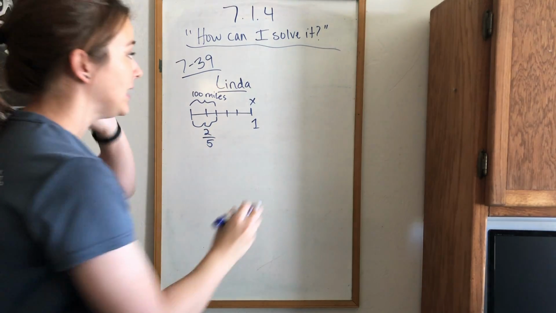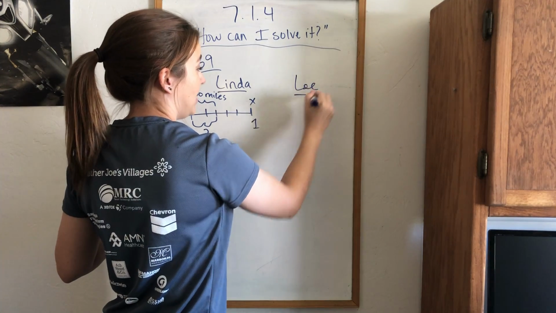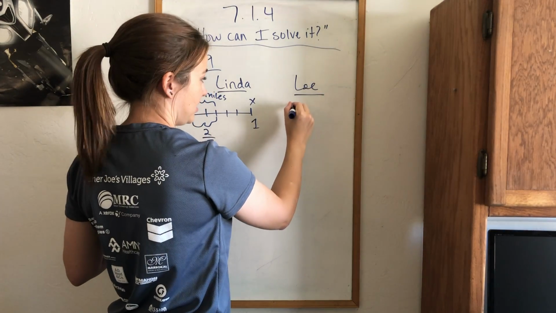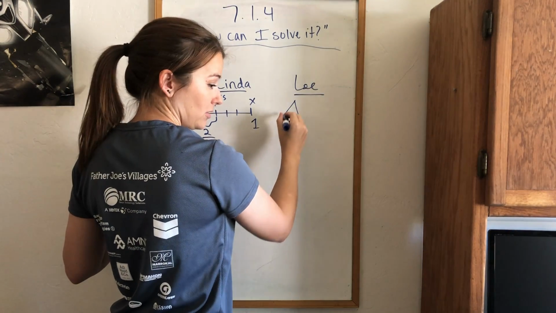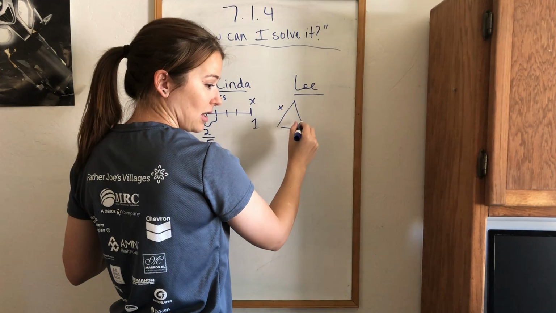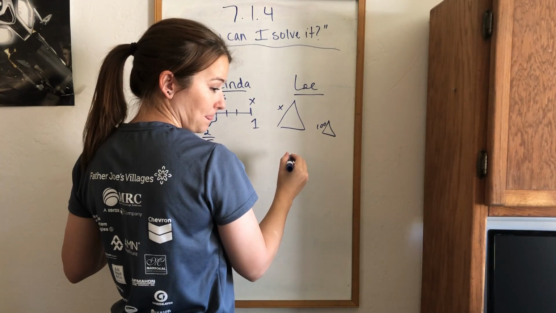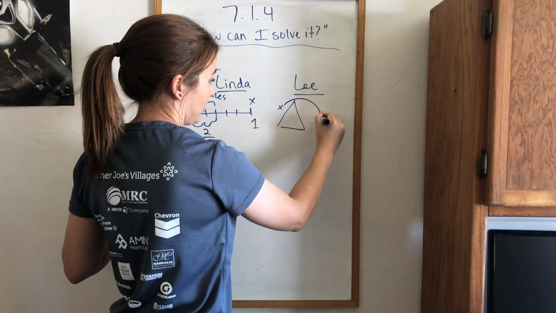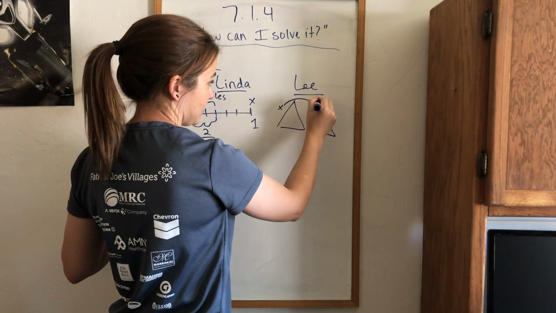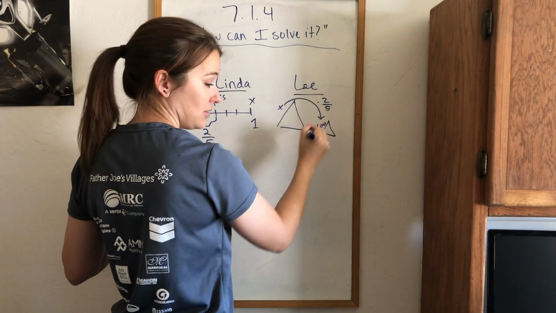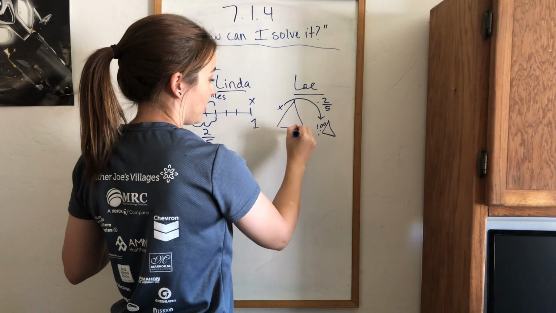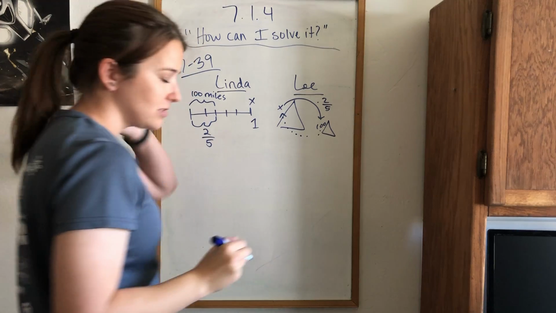And then Lee, her brother, has this going on. He's got a triangle with an X, and then he's got a little triangle with 100, and then he's got an arrow here, and it says times 2/5, and then it's got like a dashed arrow from 100 to X.